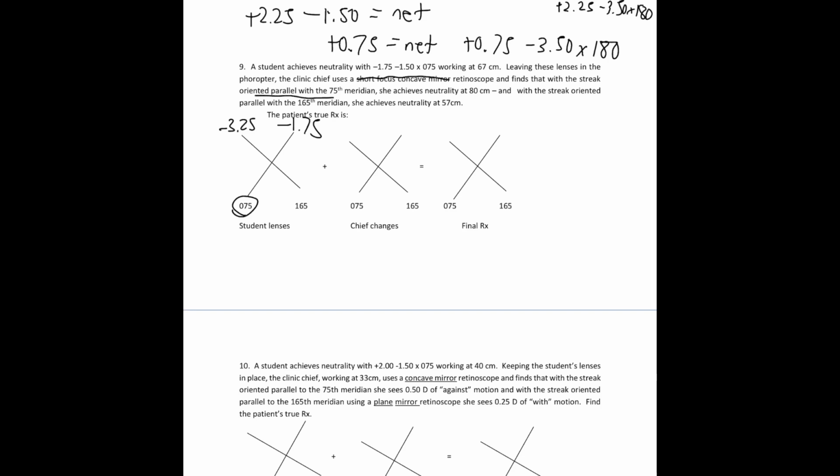If the streak is parallel to 75, they are scoping the axis 90 degrees away, so they're scoping 165. That means all the changes are going to apply to the 165th meridian.